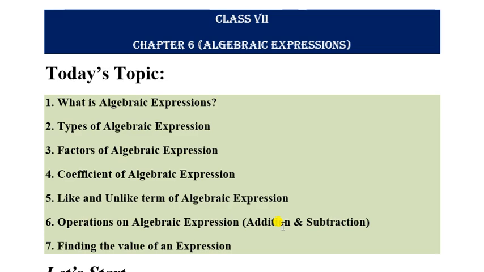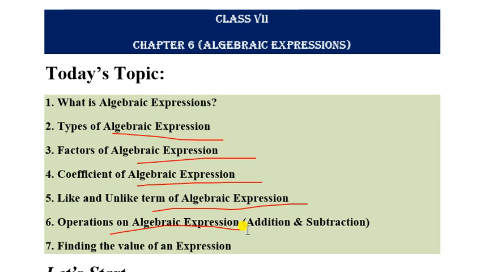Today I would like to explain algebraic expression, different types of algebraic expression, factor of algebraic expression, coefficient of algebraic expression, like and unlike terms of algebraic expression, operation on algebraic expression, and finding the value of an algebraic expression. With these 7 topics, you can complete this chapter 6.